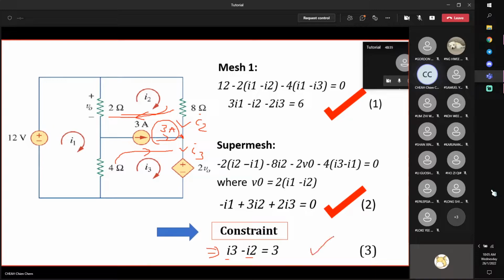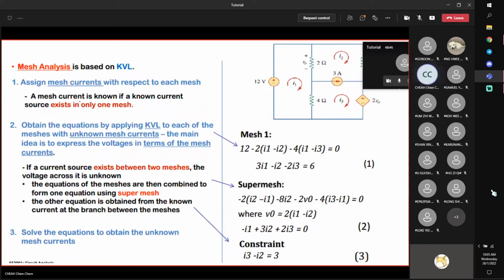Now look at this. You have obtained 3 equations for the 3 unknown mesh currents by Kirchhoff voltage law. So let us look at the overview. Assign mesh currents I1, I2, I3. Then start from mesh 1, we obtain 1 equation.